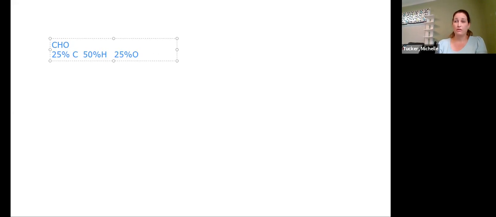So if you look at the models, they're going to be roughly 25%, what color? That is carbon. Black, very good. 50% white and 25% red. Very good.